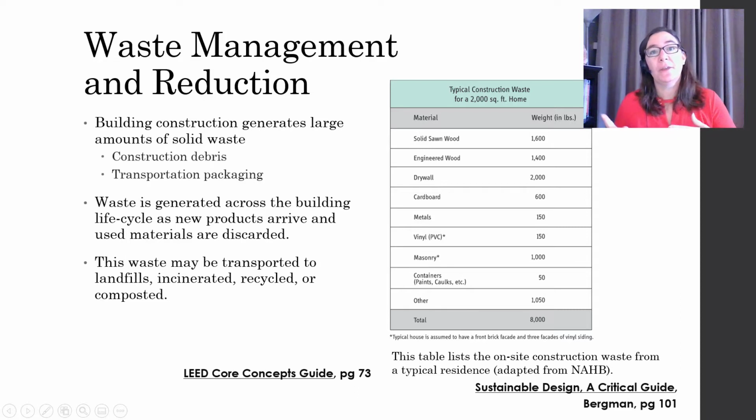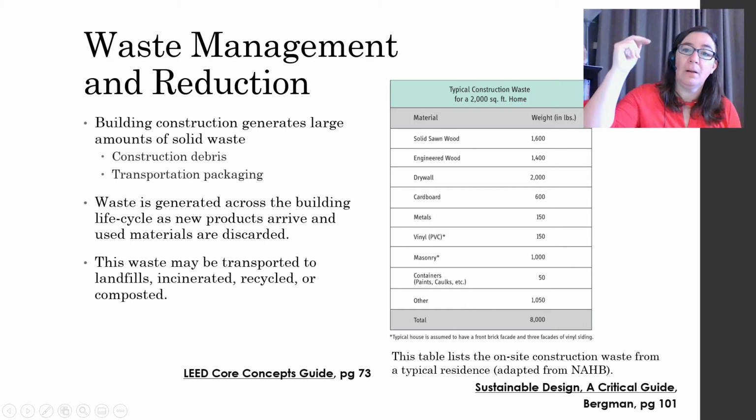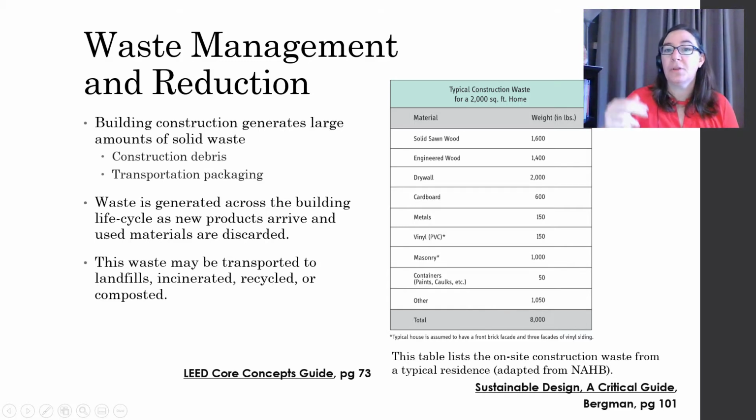If we take a look at the chart from your textbook here, here's some typical construction waste for a mid-size home, a 2,000 square foot home. You can take a look at all of the different types of construction waste: the wood, the drywall, all the damaged pieces and the offcuts. There's a lot of cardboard.